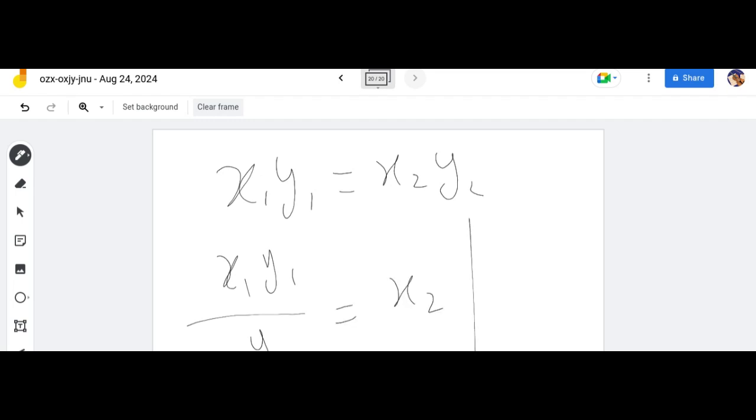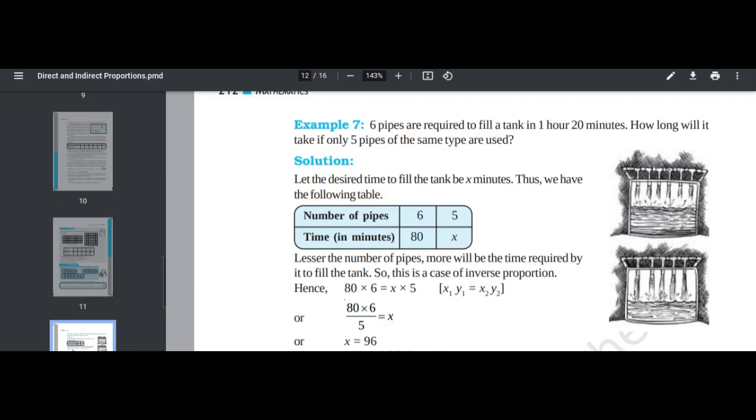Yes, what are the values of x1 and y1? That is 80, and 60 multiplied by 5 and x. Then we get the answer. But you have to remember two things.